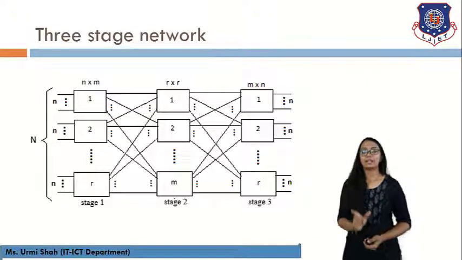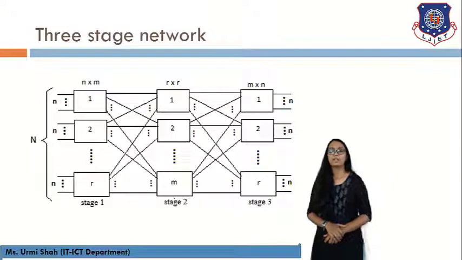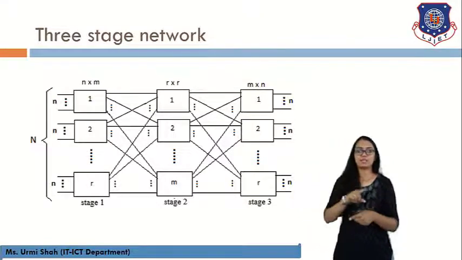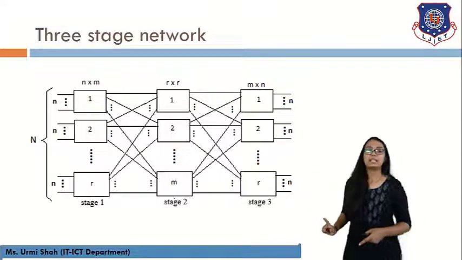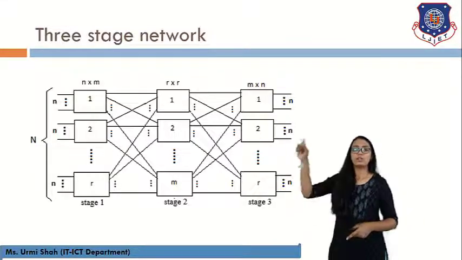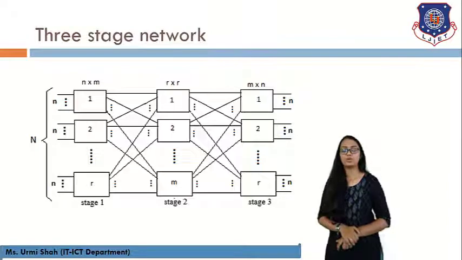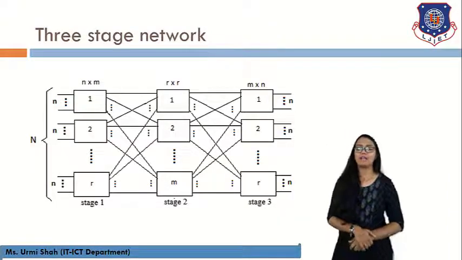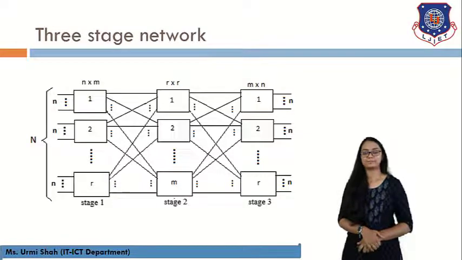So we can have n number of inlets at the input side for a three-stage network, and the total n outlets come from all the blocks at the output of the third stage. This way we have a three-stage network.